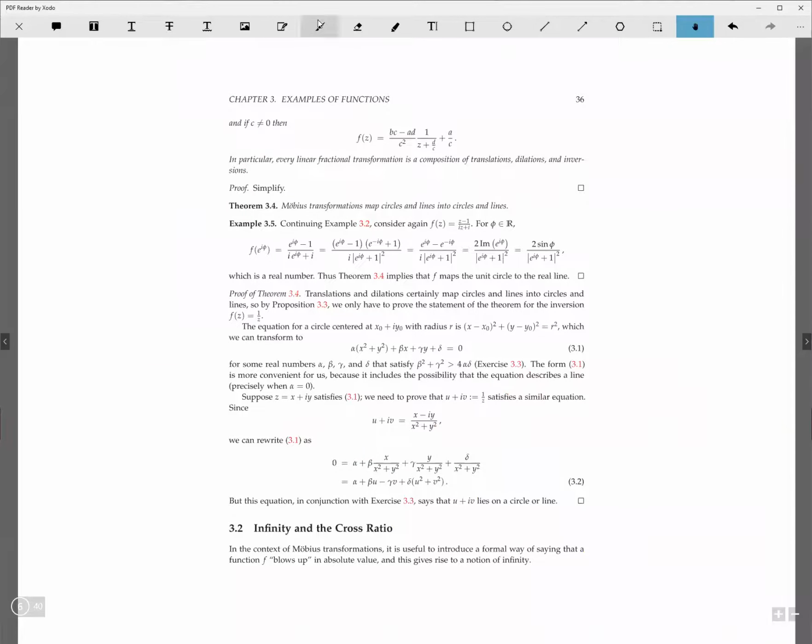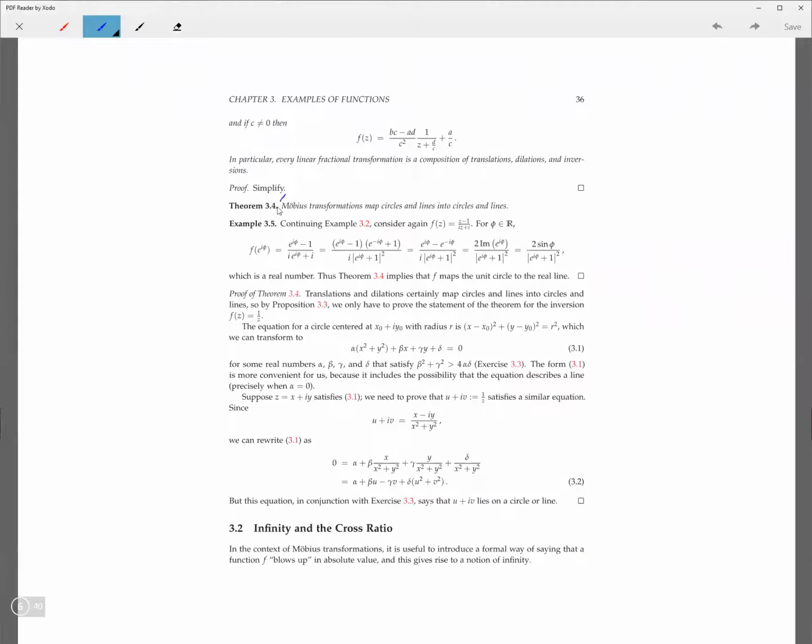Okay, now page 36. Theorem 3.4. So this is an interesting thing that will help you understand how to do these mappings better.